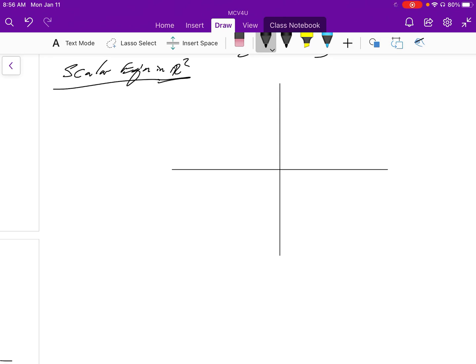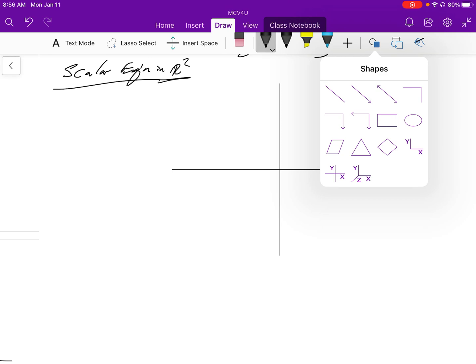What we're going to try to do in this one is different from the other three. The other three use the direction vector, which is parallel to the line, can be put on top of the line, and goes in the same direction as the line. A scalar equation looks at a normal vector to the line.